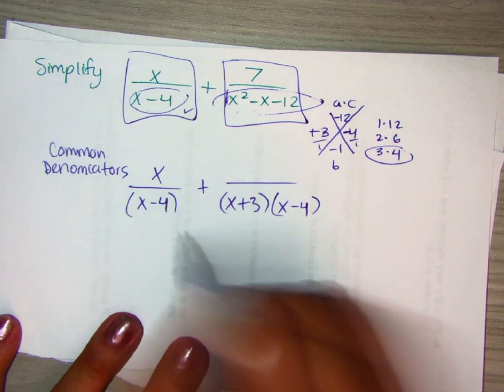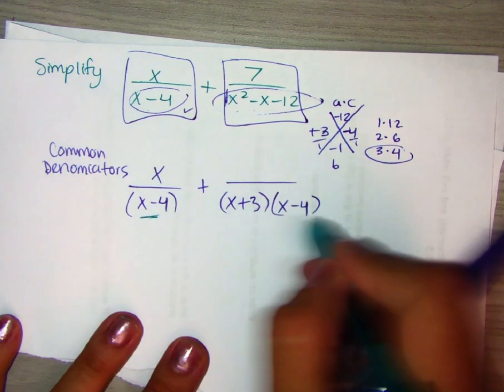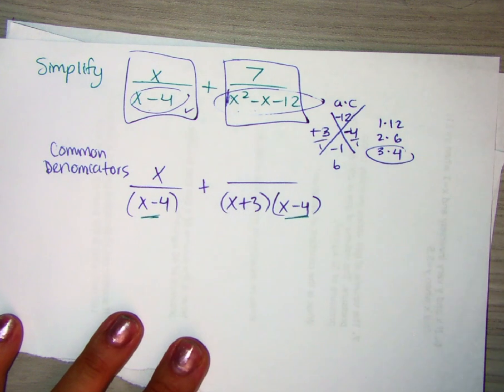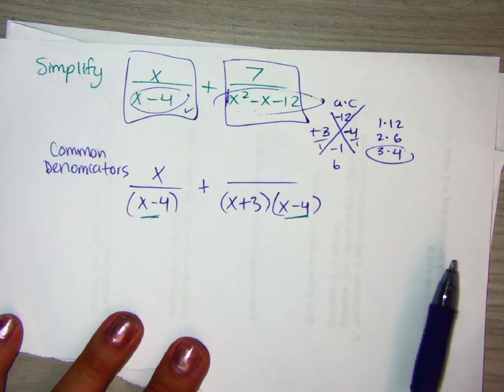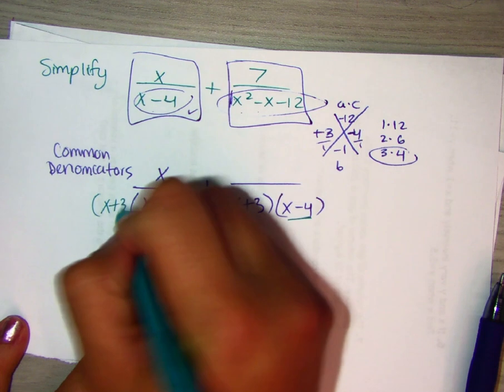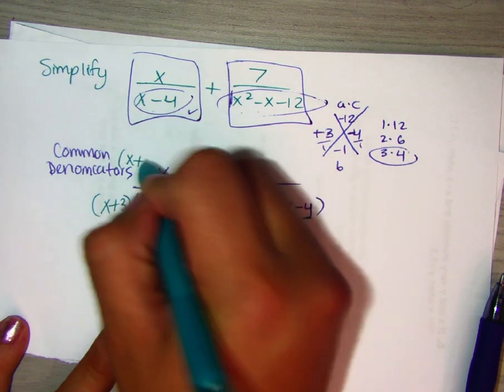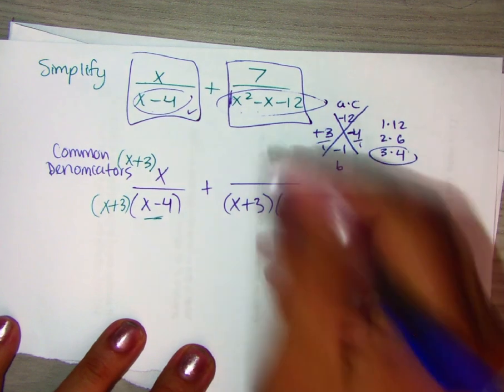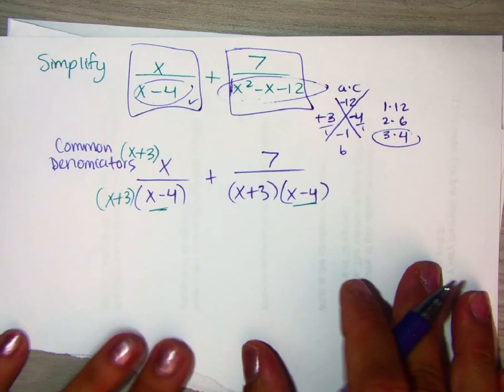X minus 4 is common, but this fraction on the left side is missing the x plus 3. So what we're going to do next is multiply this fraction times x plus 3 on the numerator and denominator. The one on the right side doesn't change because it already has the 2 factors.